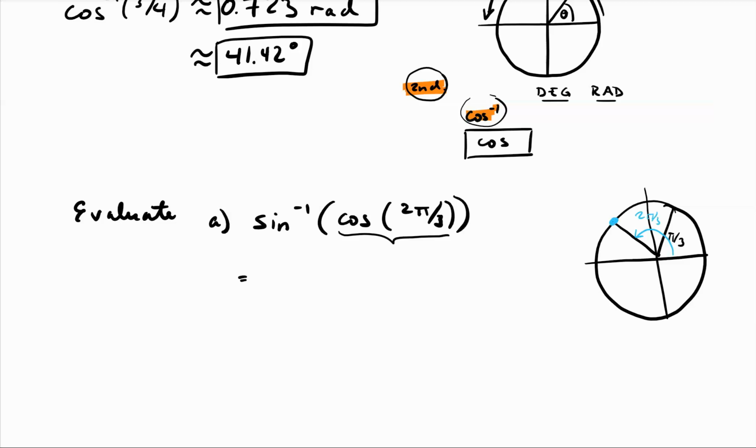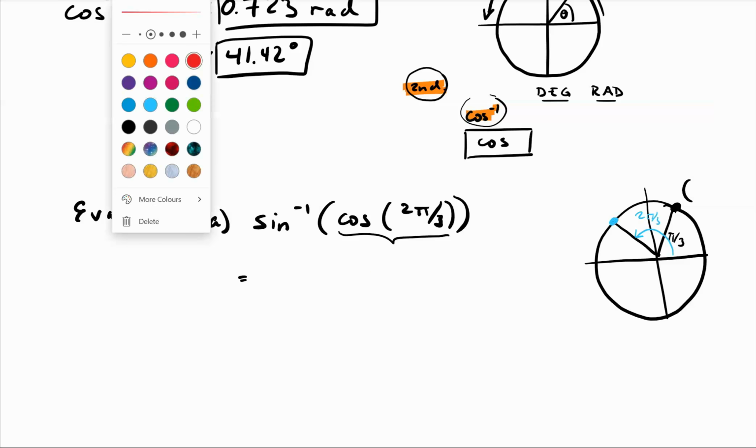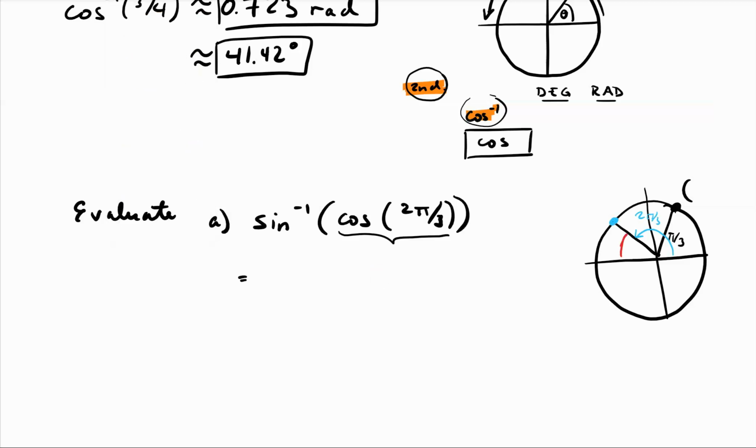So the cosine is the value of the x-coordinate for that point. Remember, we're going to look for the reference angle. The reference angle is this angle here, so it's pi over 3.